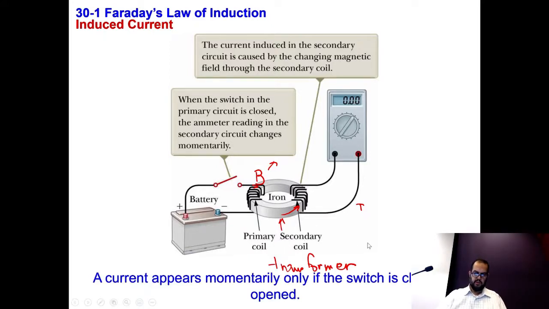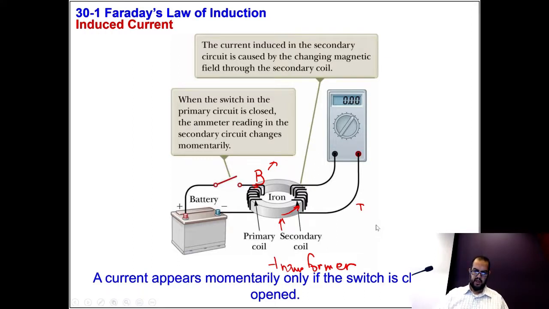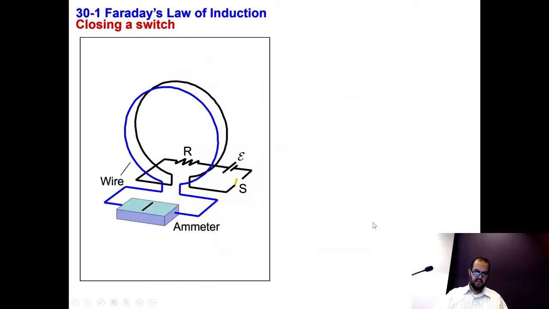So a current appears momentarily only if the switch is closed or opened. This is illustrating the same thing. Here we have a circuit in black. The switch now is open, so the current is 0. The current through the blue loop is 0.